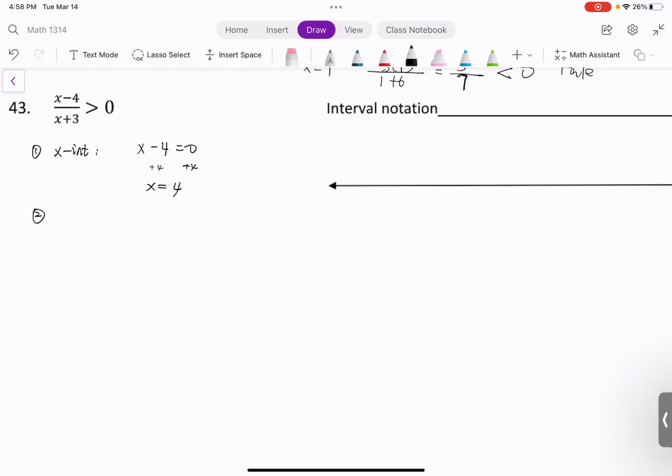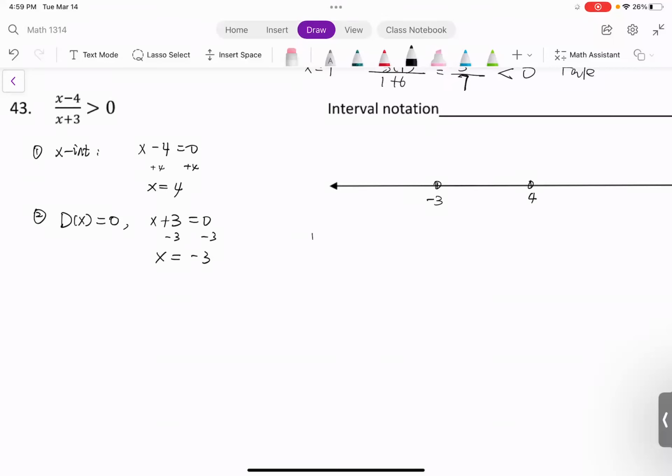Second, set the denominator equal to 0. x plus 3 equals 0, minus 3 both sides, x equals -3. Now we see two key points, -3 and 4. You see, there is no equal sign, so these 2 points are not included in my solution. So I remind myself, I can use the open circle here, and then try some key points.